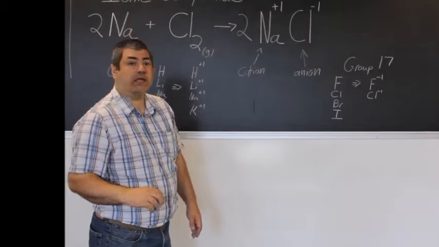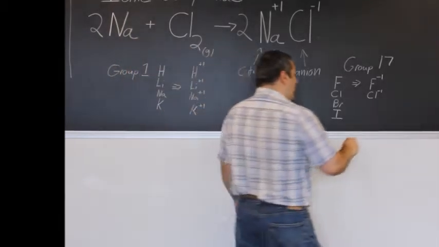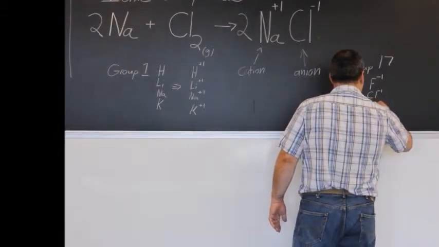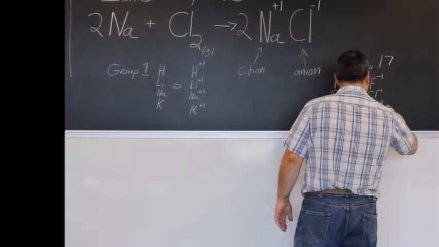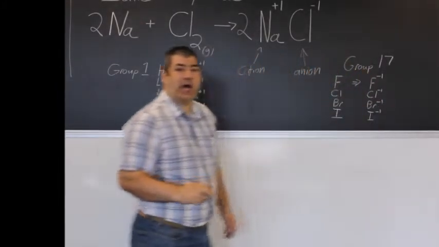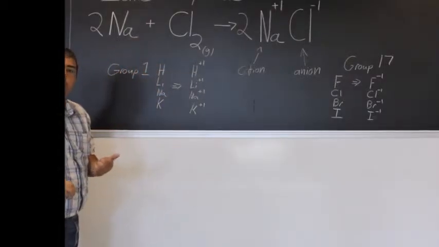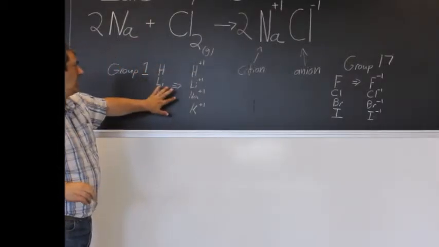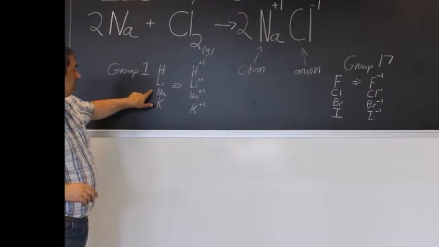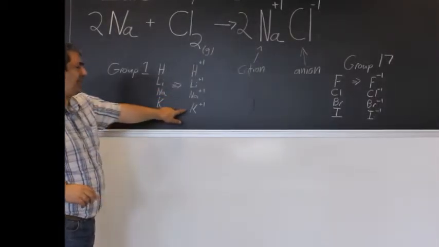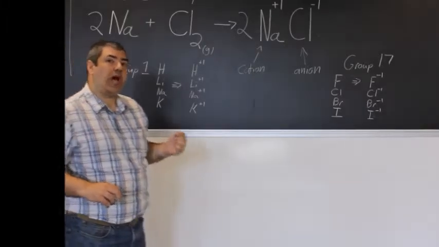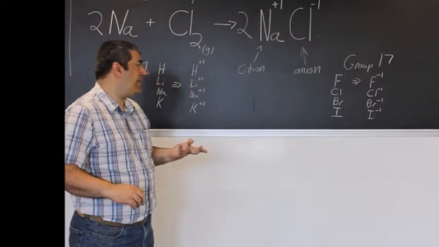So fluorine becomes fluoride, minus 1. Chloride, bromide, iodide. And we'll talk about this with nomenclature. When a metal goes from sodium to sodium plus 1, or potassium to potassium plus 1, we do not change its name in the compound.